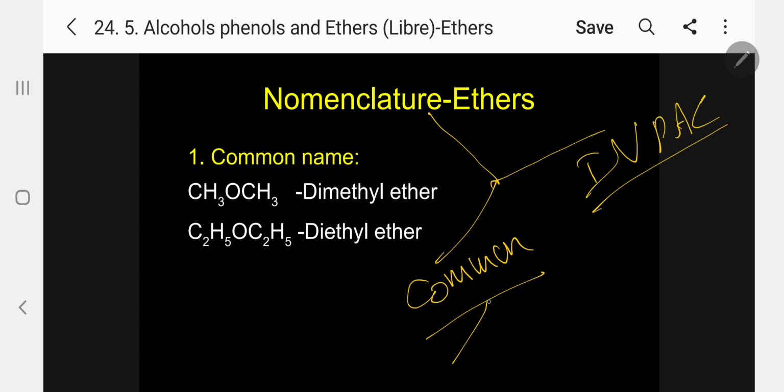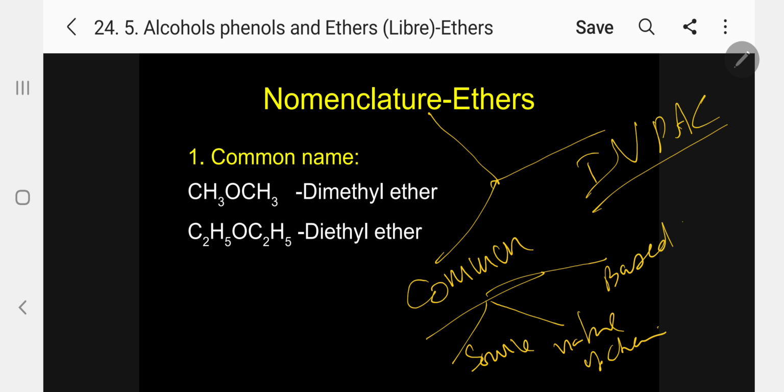Common name we can classify into three types. One is based on the source. One is based on the nature of chain. Another is based on the position of functional group. Please follow. So, by these three ways, common name is given.